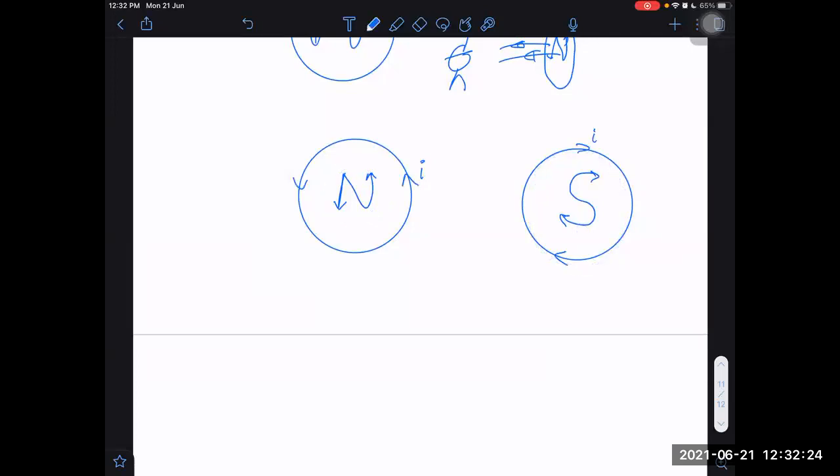Anti-clockwise current means north pole is facing us.